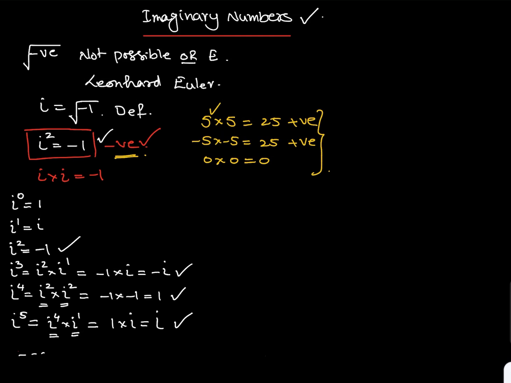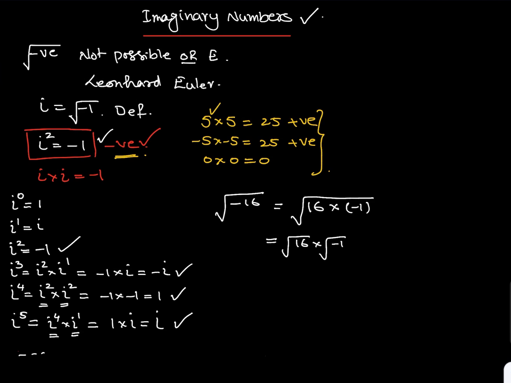Let's take one more example. The square root of -16 is equal to, I can write, the square root of 16 times -1. I can break it down with the negative number. This is equal to the square root of 16 times the square root of -1.